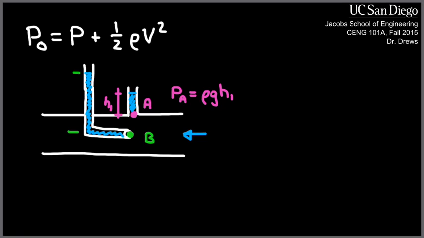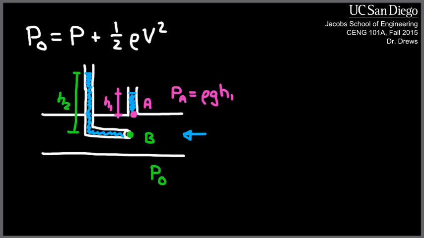Remember, this one goes all the way down to whatever the level is that the stagnation probe has been inserted into your flow field. So that becomes H2, and therefore the pressure at B, is it the pressure at B? Not technically, right? This is actually the stagnation pressure.